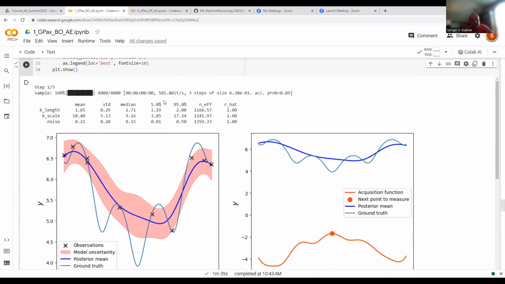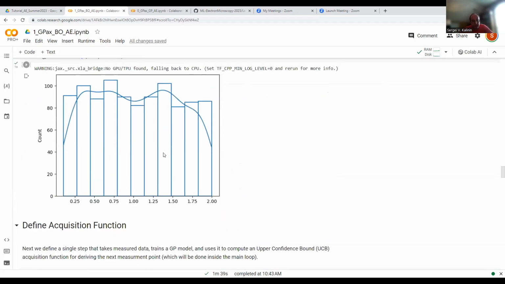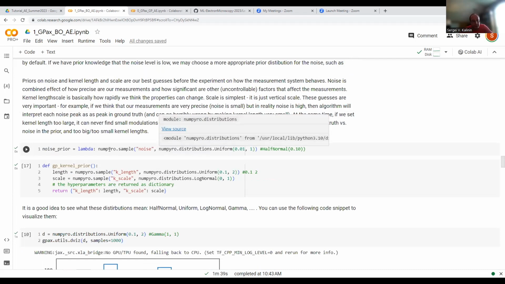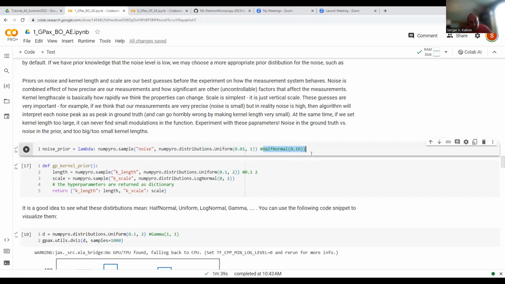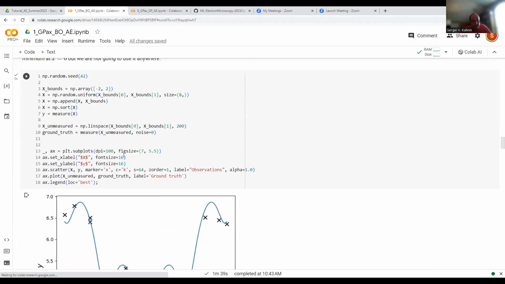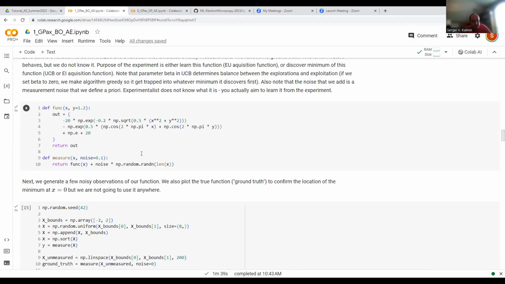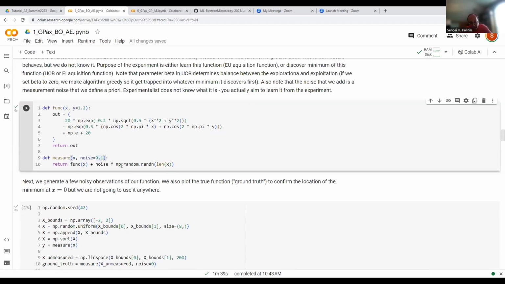Well, let's look at how we have chosen our priors, and notice that our noise prior is sufficiently broad. So let's assume that we make it smaller and use the half normal distribution. And this is fine, and in our data generation process, okay, we can make the noise smaller here.